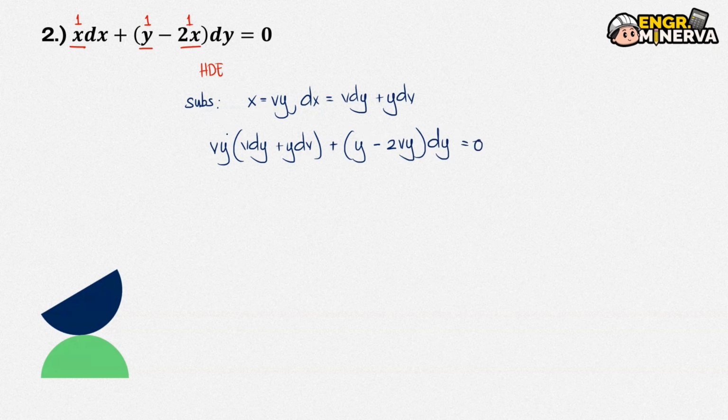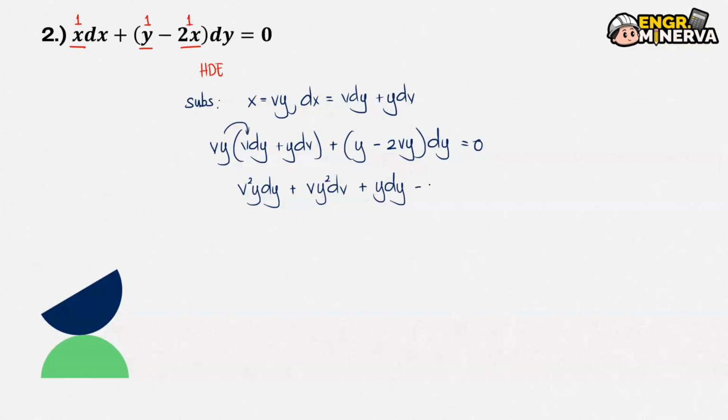Then distribute. This would be v squared y dy plus vy squared dv plus y dy minus 2vy dy equals 0.